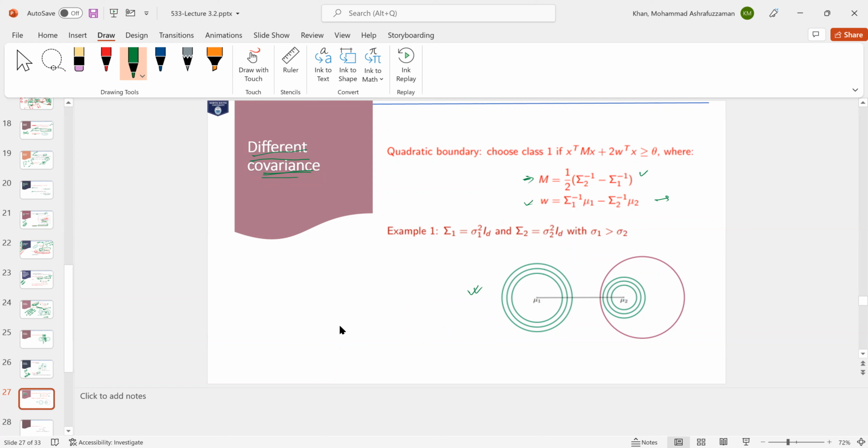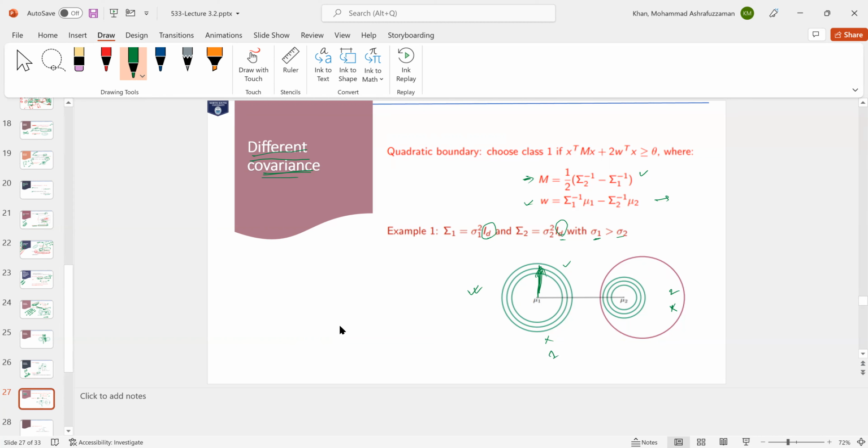Here we tweaked it a little more, so that both of them have a multiple of the identity matrix. And here we assume that the variance for 1 is larger than the variance for 2. So you can see the larger variance here. In this case, we'll have a decision boundary like this. If we get a new point here, we'll assign it class 2. If we get a new point here, we'll assign it class 1.